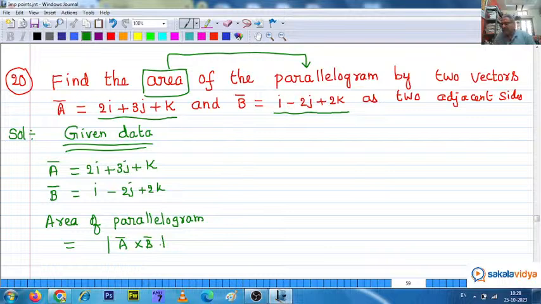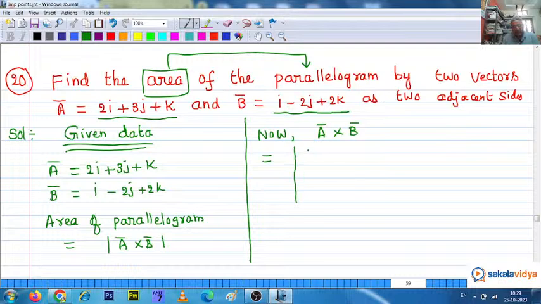So first, let us determine A cross B. A cross B equals the determinant of i, j, k; the first row is the components of A, that is 2, 3, 1; now B components 1, minus 2, 2.